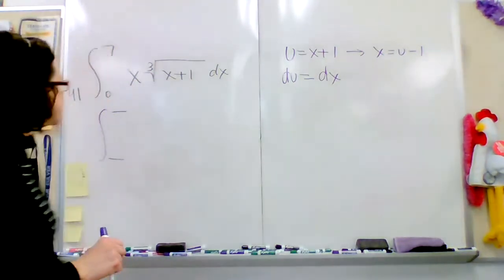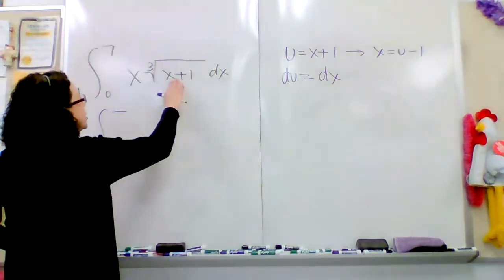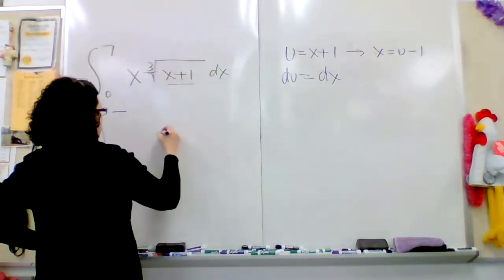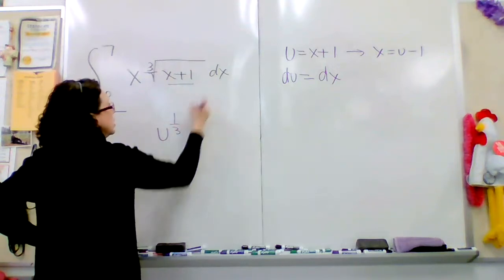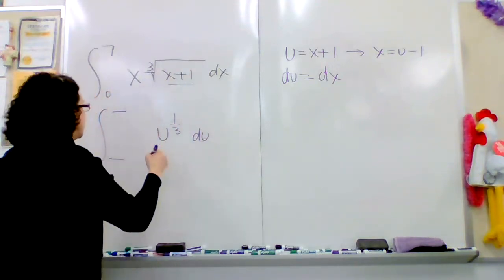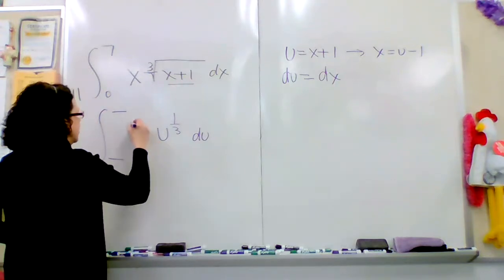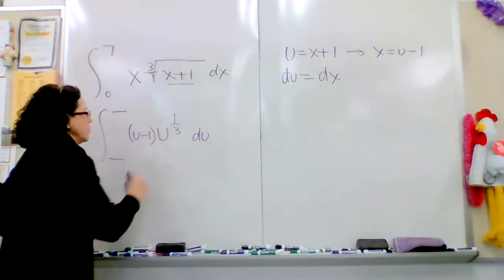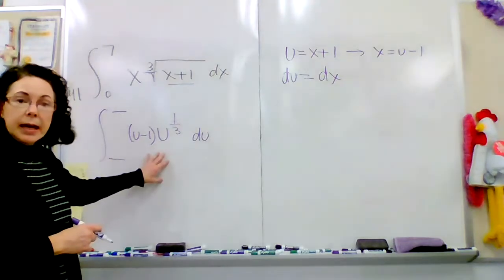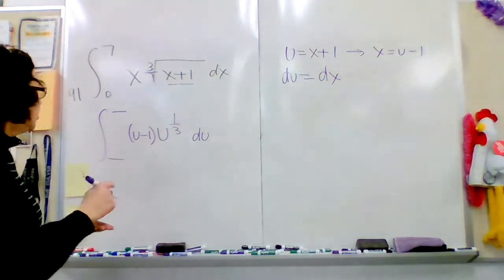Well, kind of. u to the 1/3 du, and this x I'm going to replace with a u minus 1. Okay, I believe I know how to integrate this after I distribute.